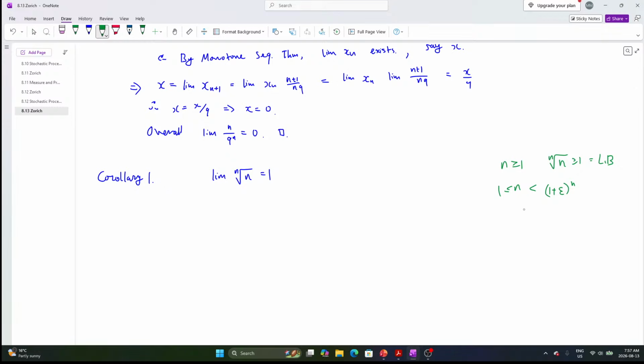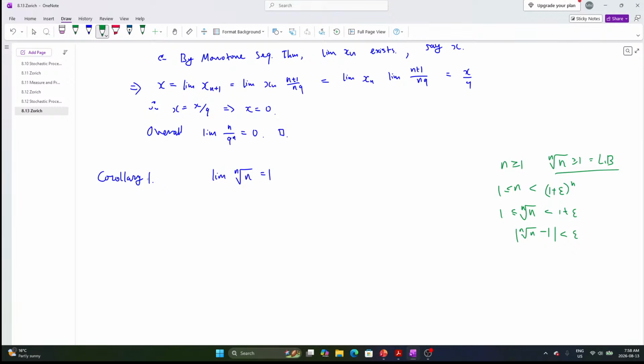I'm going to take the nth root on both sides: 1 less than or equal to the nth root of n, which is less than 1 plus epsilon. And this is of course just the same as the absolute value of the nth root of n minus 1 being less than epsilon, and we're done. You see, this just uses the definition. There's no need for using a monotone limits theorem or whatever. So this is not really a corollary.